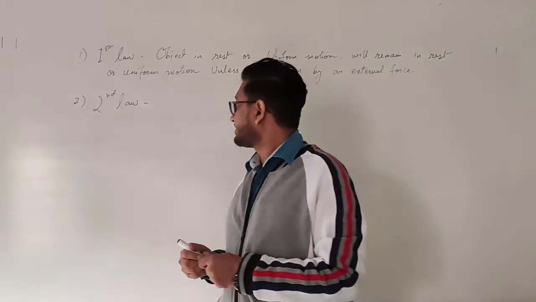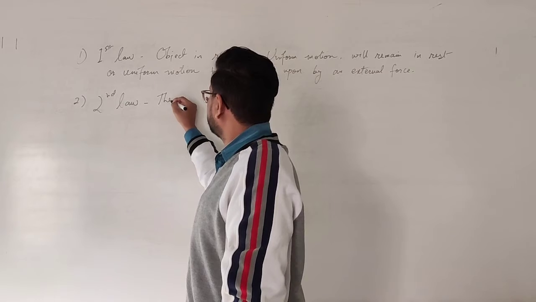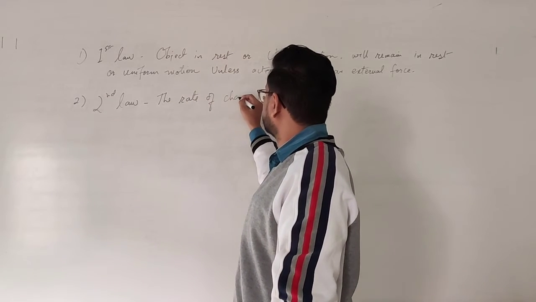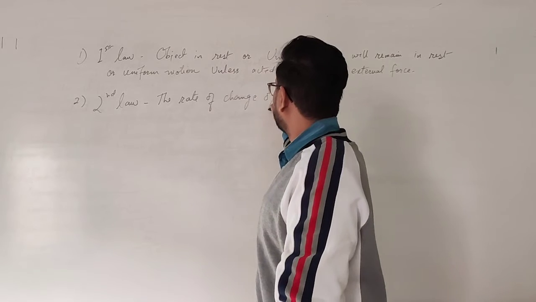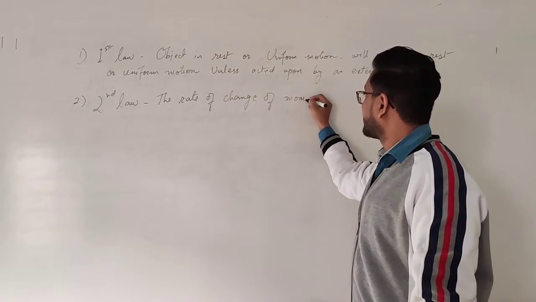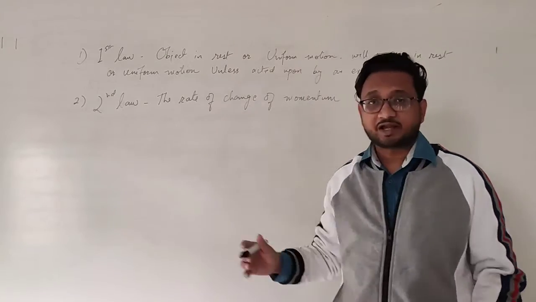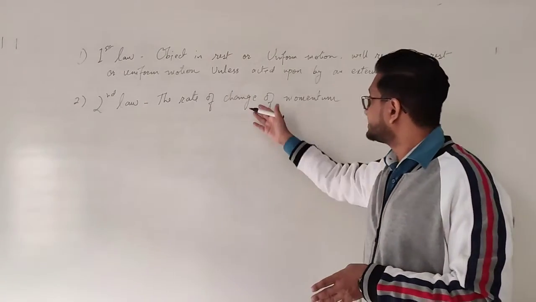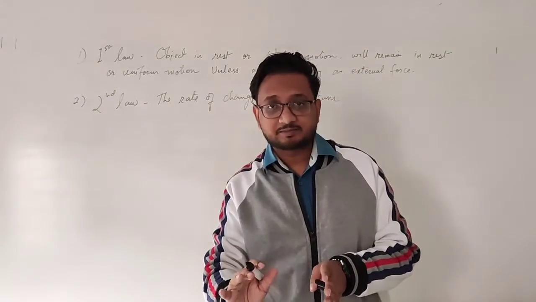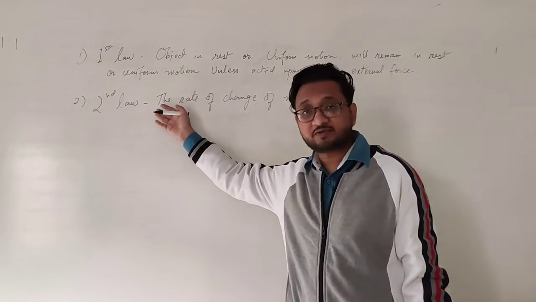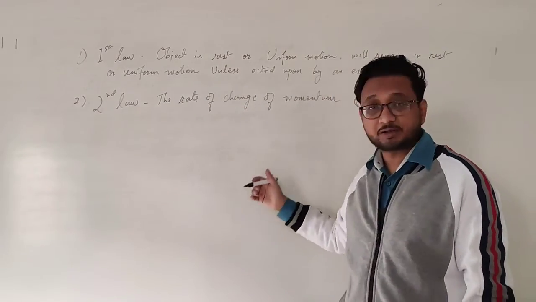Okay? So I can write that the rate of change of momentum of an object. Rate of change of means in how much time the change of momentum is happening. Okay, the change is happening, but in how much time? So that is given by rate of change of momentum.